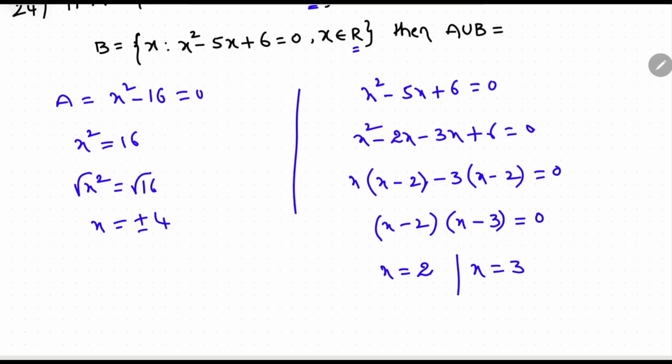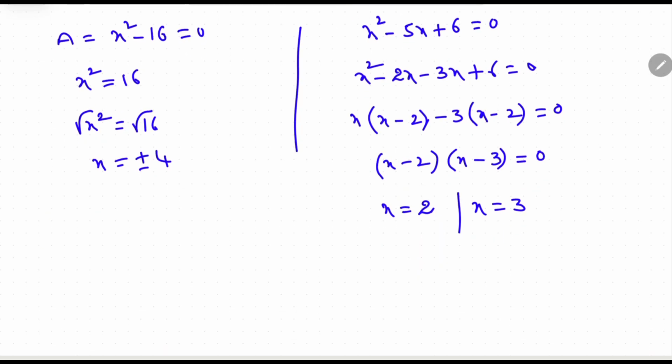Now what is the value of A? A will be 4 comma minus 4. What is B? Set B will be 2 comma 3. Now what we have to find here?